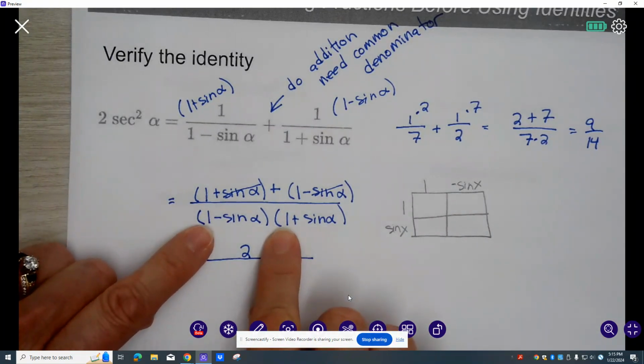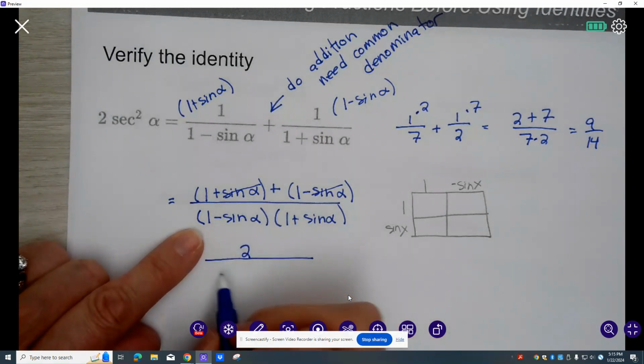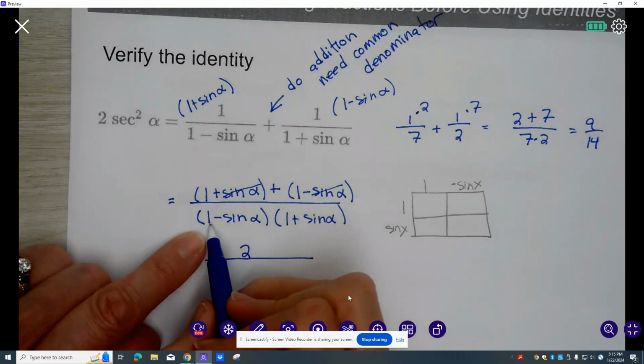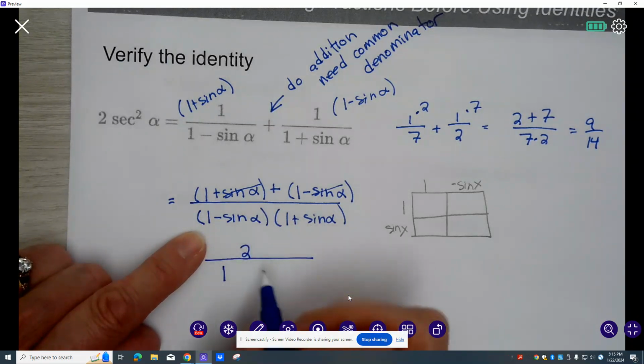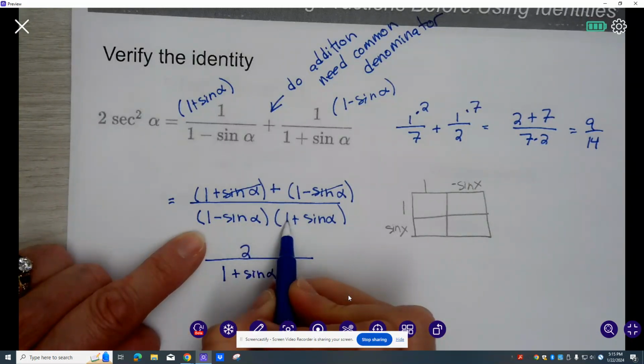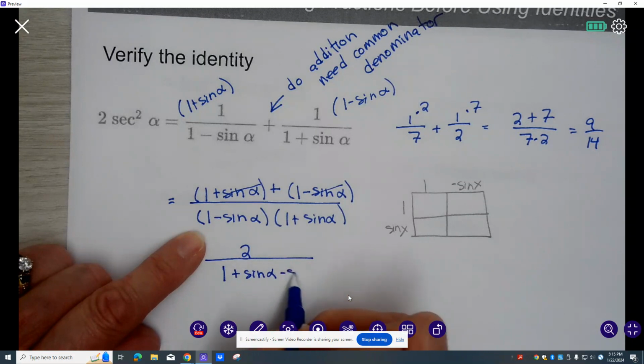I'm going to do first times first. 1 times 1 is 1. And then when I do outside times outside, 1 times sine of x would just be sine of x. Inside times inside would be 1 times negative sine of x, so that'd be negative sine of x.